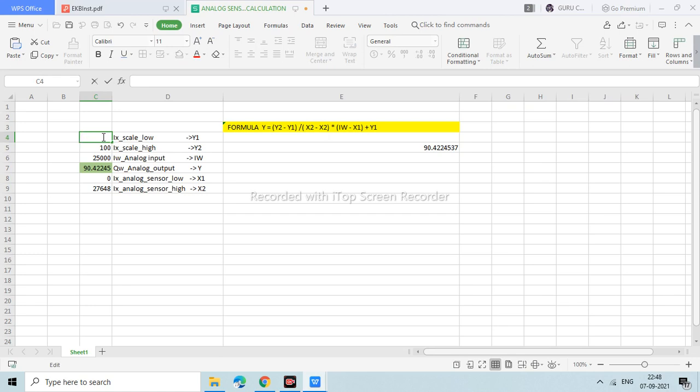One more thing: if we have bipolar, then we have a minus value. If your sensor is a temperature sensor, it gives a minus value, like minus 55 to 100.